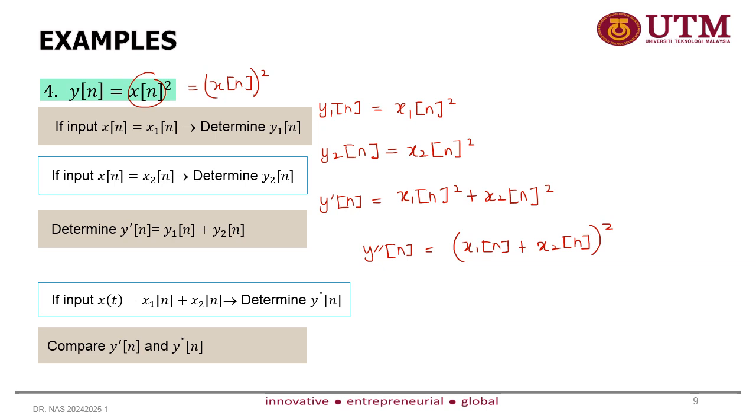You need to expand the equation in order to compare with y prime [n]. Finally, compare both y prime and y double prime [n]. You should notice that y prime [n] is not equal to y double prime [n]. So in this case, the system is a non-linear system.